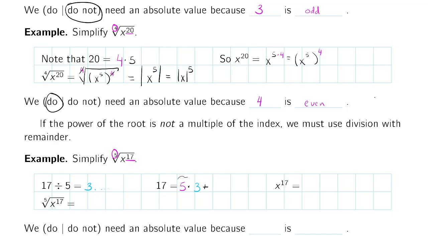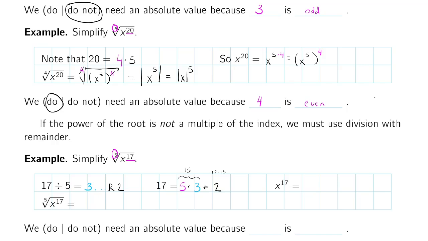Working it out, 5 times 3 is 15. What's left is 2. That's 17 minus 15. So 17 divided by 5, we would say is 3, remainder 2. And the way we figure out what that remainder is, is to multiply 5 times the whole number part and see what's left over.